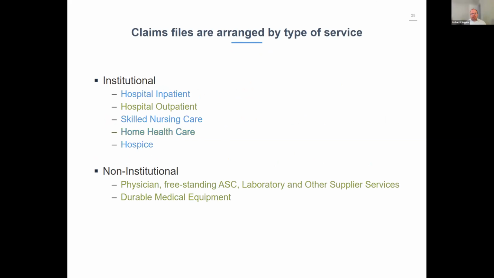Here's the interesting thing: a hospital does Part A and Part B services, but you don't have a single hospital file. You have hospital inpatient and hospital outpatient. I want to really emphasize this, because I have been on research teams with a clinician researcher and a data analyst or data scientist.